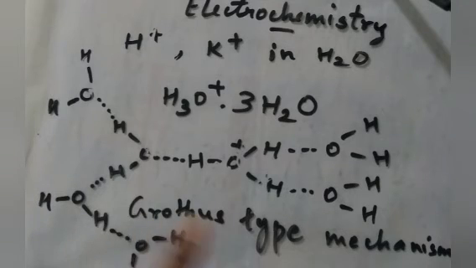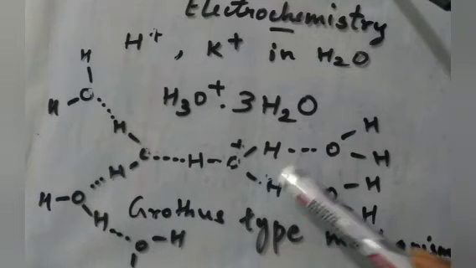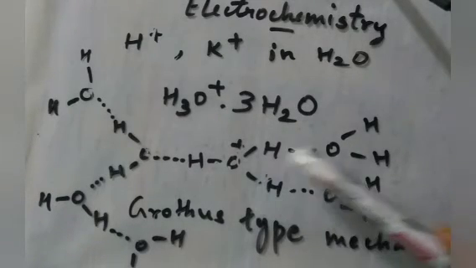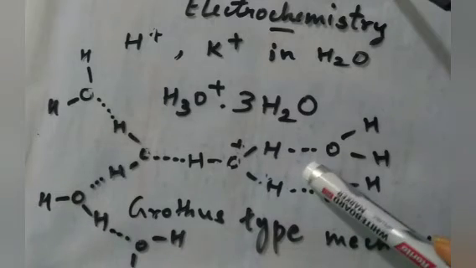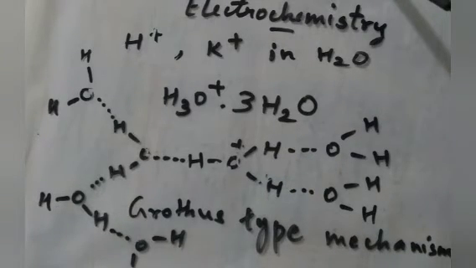Hence we could see that water molecules exist in tetrahedral arrangement and are properly oriented. Hence the hydrogen ion transfer by the hydrogen bond will be very easy when compared to water. Hence the mobility also will be more in ice than in water.